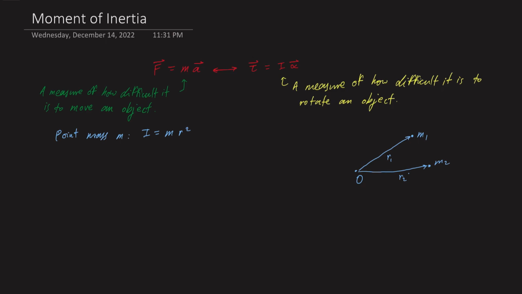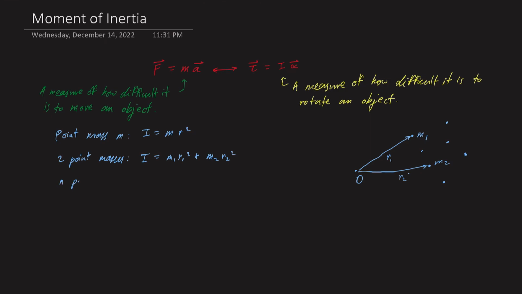Okay, now, so for 2 point masses, we have I is equal to m1 r1 squared plus m2 r2 squared. Similarly, we can do this for an arbitrary n number of point masses with distance r sub i and masses m sub i.